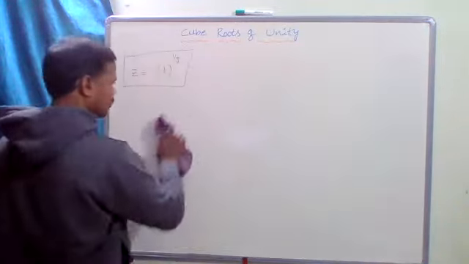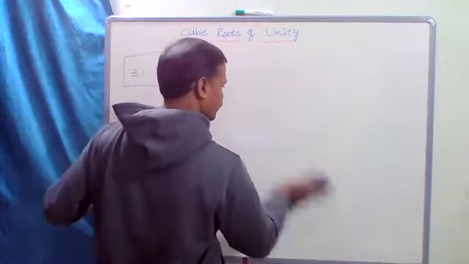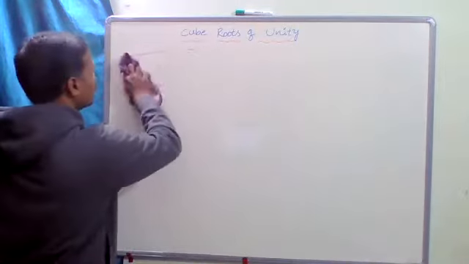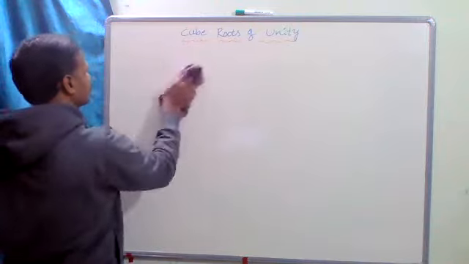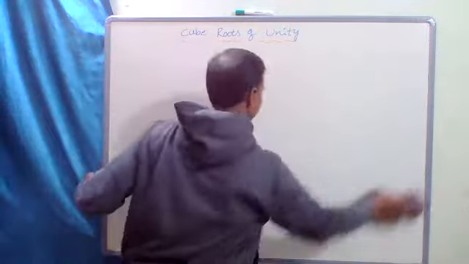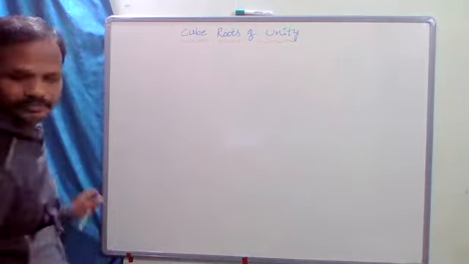Now, the cube roots of unity can be denoted in different forms. How will they be denoted?